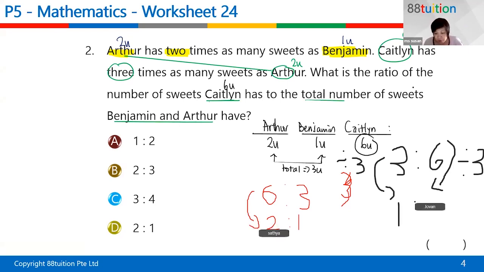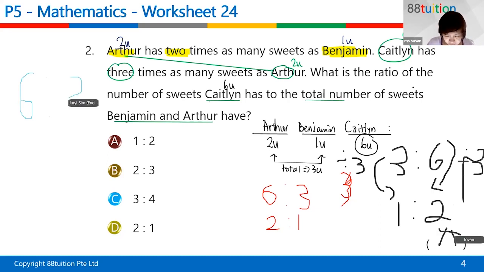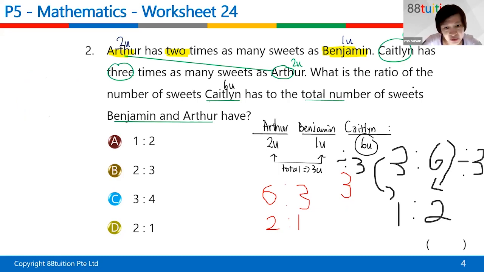Okay. Do not scribble. Please do not scribble anything on the... Do not scribble. So sorry, yeah. Gerald? Yeah, it's okay. Can you erase everything? Yeah, please erase.